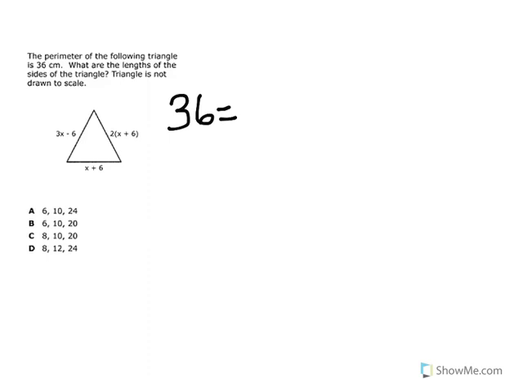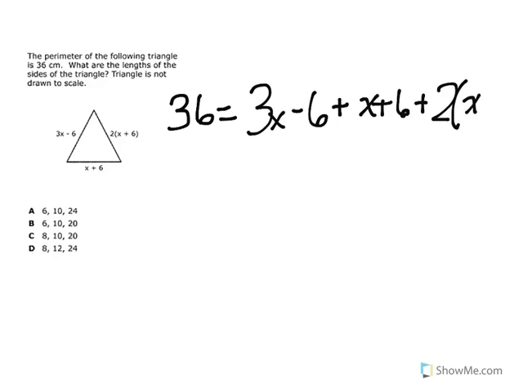The sides of this triangle that I'm adding together are 3x minus 6, plus x plus 6, plus 2 times x plus 6. That's a whammy. So right now, I have this equation.